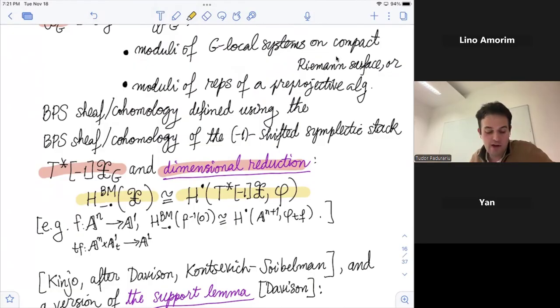So if we take a polynomial f in n variables and we look at the zero locus of this polynomial, this may be singular. Its Borel-Moore homology can be computed as isomorphic to a vanishing cycle cohomology of a function on an n+1 dimensional space. So we take our previous n-dimensional space and then times it with A1 with coordinate t, and we consider the function t times f.